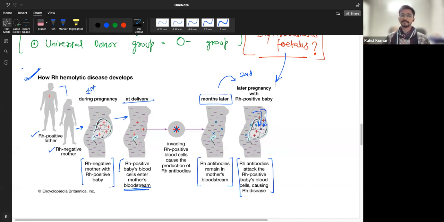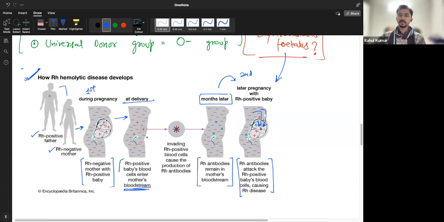How can we prevent that? You spilled the milk. The moment you come out, before your mother or anyone enters, you just clean it. So while going out, this baby spilled some Rh positive cells into the mother's bloodstream. Those need to be cleared before the mother's immune system can identify them and start making antibodies. How is that cleared?